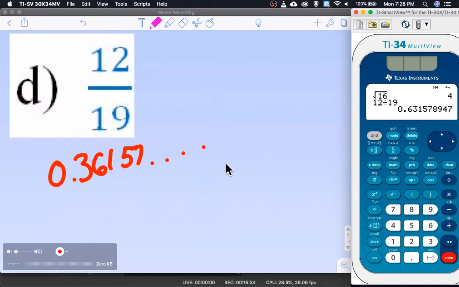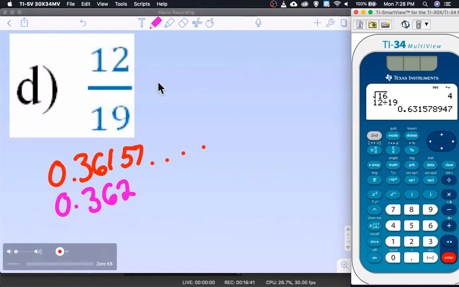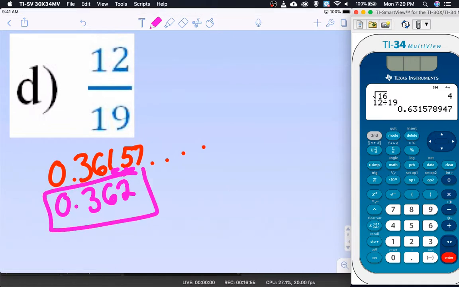And hopefully in your head you know that that one will round up, because his buddy next door, this 5, is a 5 or bigger. If it's a 5 or bigger, then it rounds him up. If this was a 4 or less, the 1 would stay the same. So this, in pink, magenta color, will be our final answer. That is what it is as a decimal, rounded to the nearest thousandths.